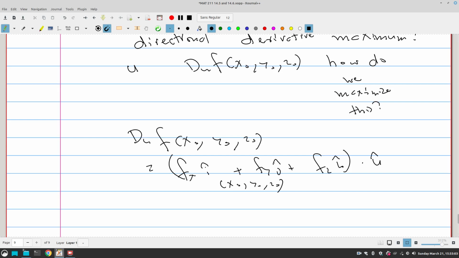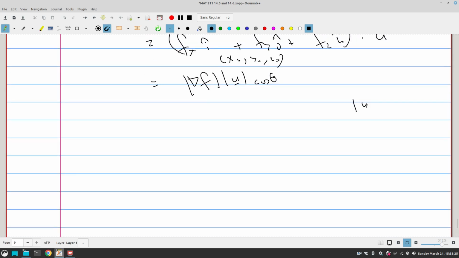Okay, let's call it u for unit, let's not include the hat. But then this is equal to del f times modulus of u cosine theta. But since this is 1, since this is a unit vector, this gives me modulus of del f cosine theta. This is the length of del f, of course, at x naught, y naught, z naught times cosine theta.